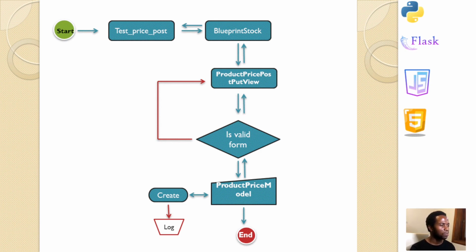We submit this form information to the product price model, where we have the create method, the create function to save the information to our database created with SQL Alchemy. We are going to use SQL Alchemy in our project, okay?